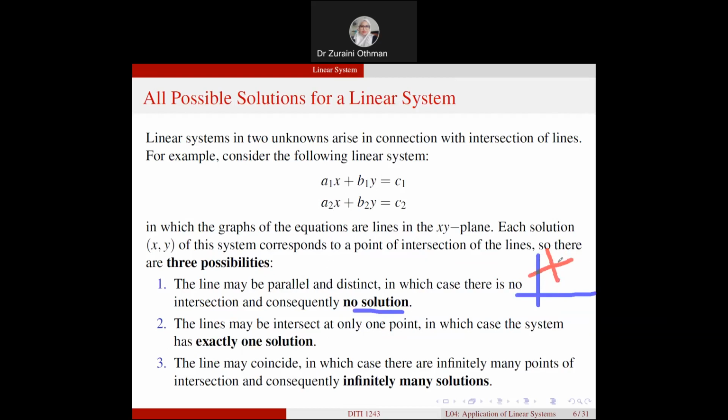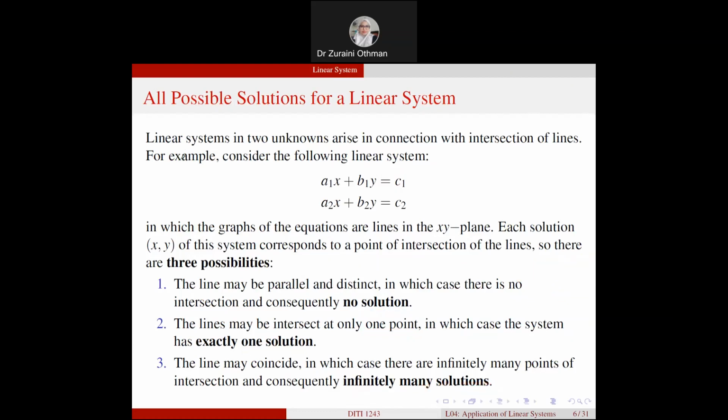So kita tahu bila dia bersilang sekali dekat sini, we have one point which is exactly one solution, which is we have x value and y value dekat intersection tu. And the third condition here ialah dia ada nilai jawapan yang tidak terhingga, di mana kedua-dua garis bertindih sepanjang equation tu. So, we know that we have many solutions.